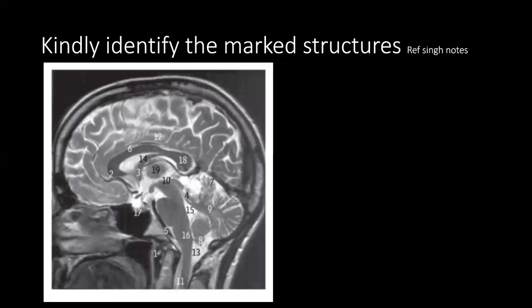Anteriorly, a thin plate of bone separating it from the... Okay, we'll revise this later. Tell me what passes through the roof of the middle ear? Tegmen tympani.